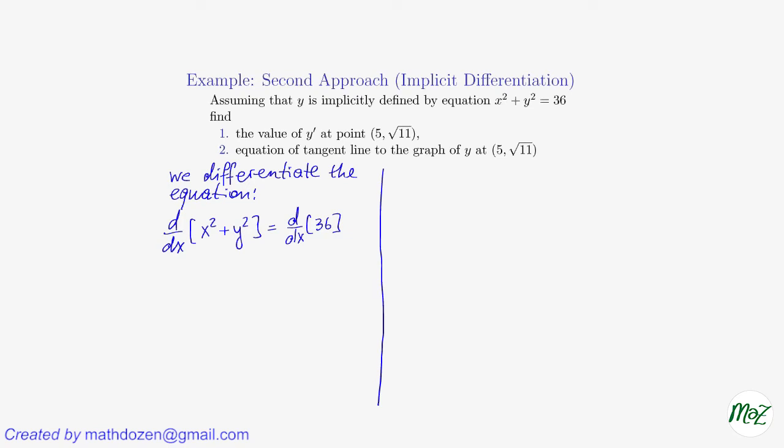Derivative of x squared plus y squared is equal to derivative of 36. On the left hand side it is the derivative of the first term plus the derivative of the second term. On the right hand side we get the derivative of 36, and that is 0.